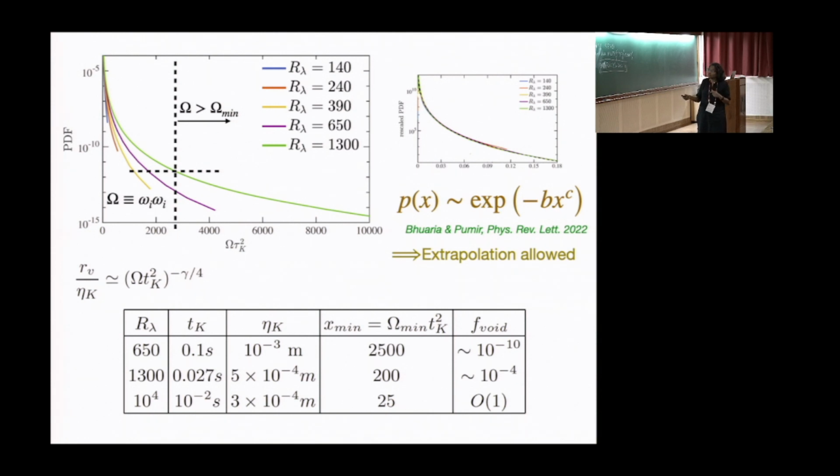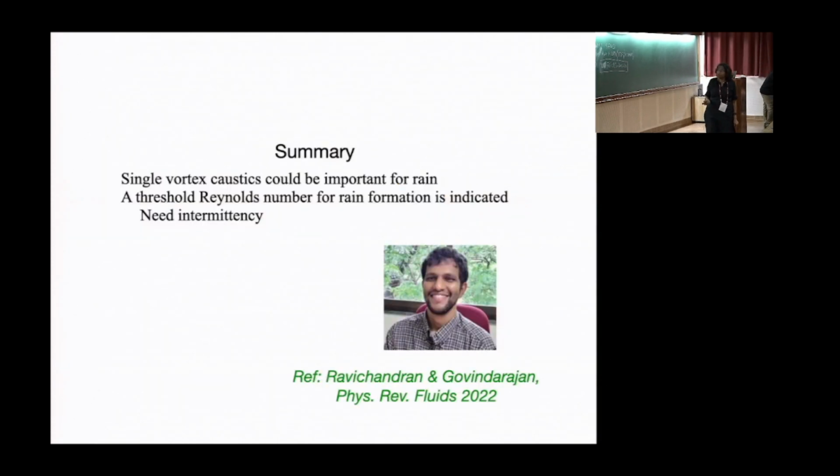So we do this calculation, we use this probability and put it in the integral in the previous slide, and we can get a minimum Reynolds number for the void. We know that we need 10 to the minus 6, so that gives us this minimum Reynolds number. And we've extrapolated this to even bigger cloud Reynolds numbers. So the summary is what is shown there. Thank you.